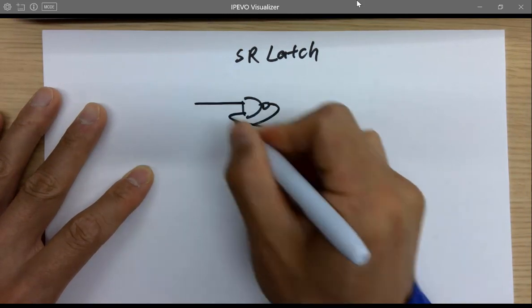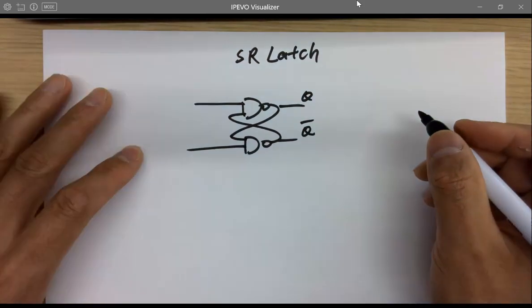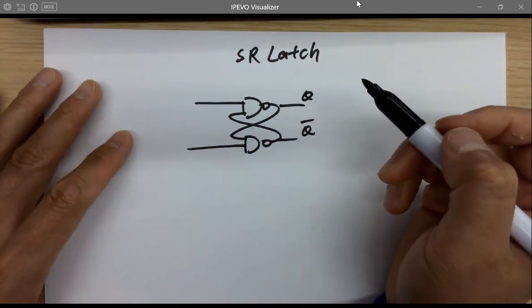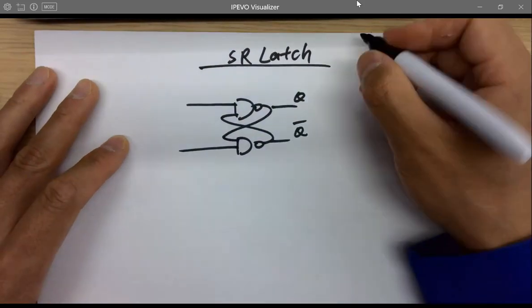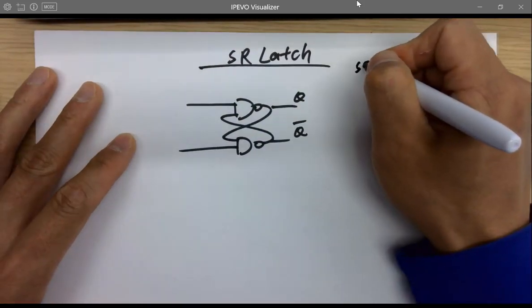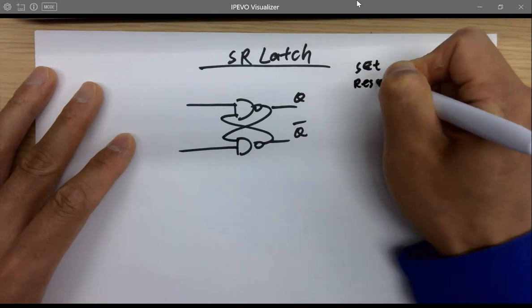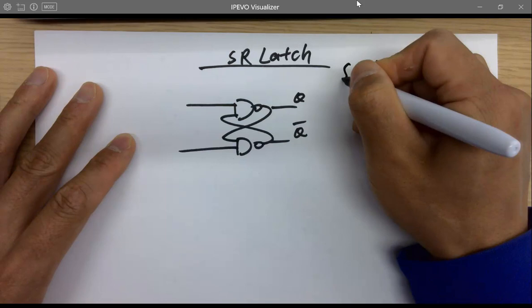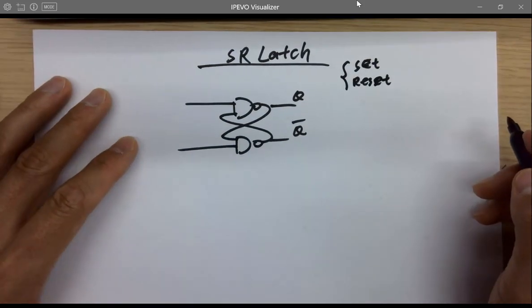Feedback, input, and Q naught. So S and R mean set and reset, right? The set and reset latch.